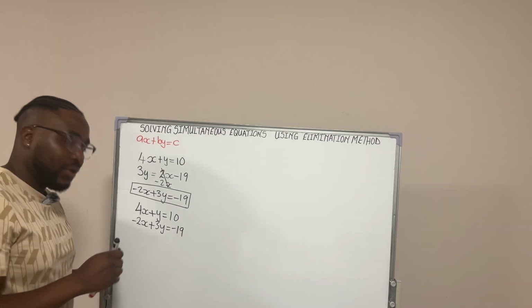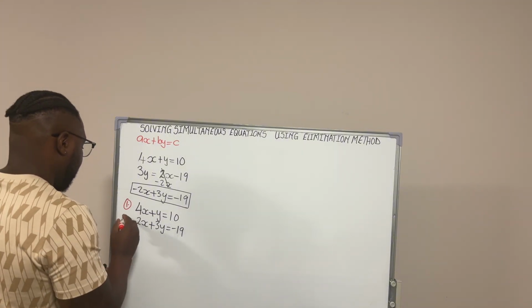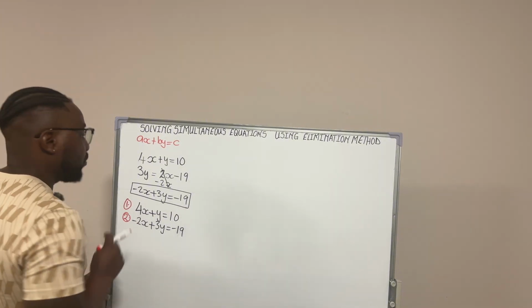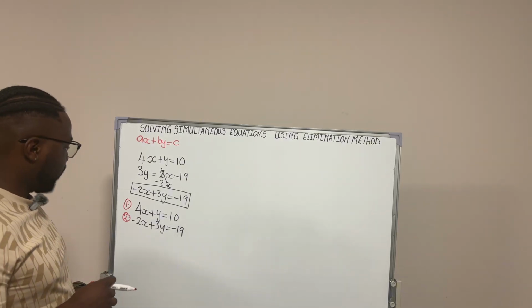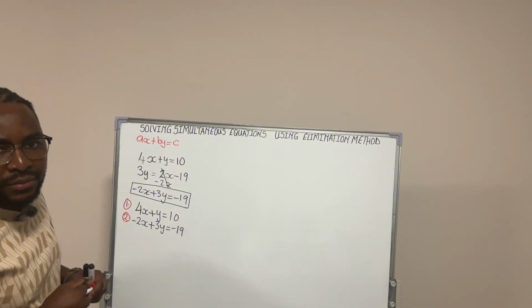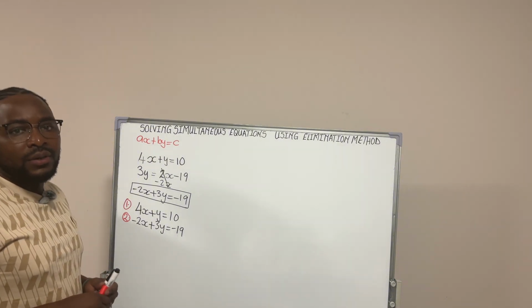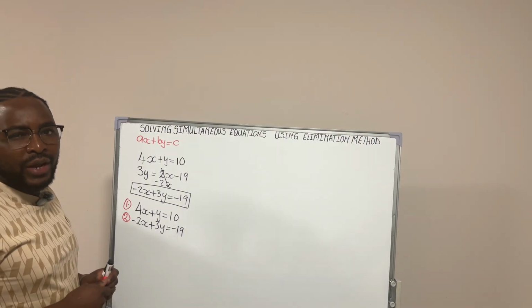All right? Okay, so now let's label them. Equation 1, equation 2. Okay? Okay, so now let's see if we can eliminate, if we can cancel out the x or the y variable, right?